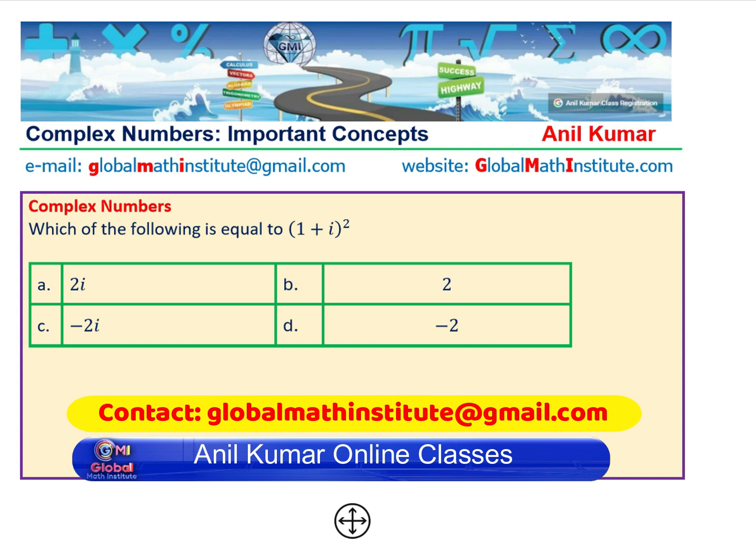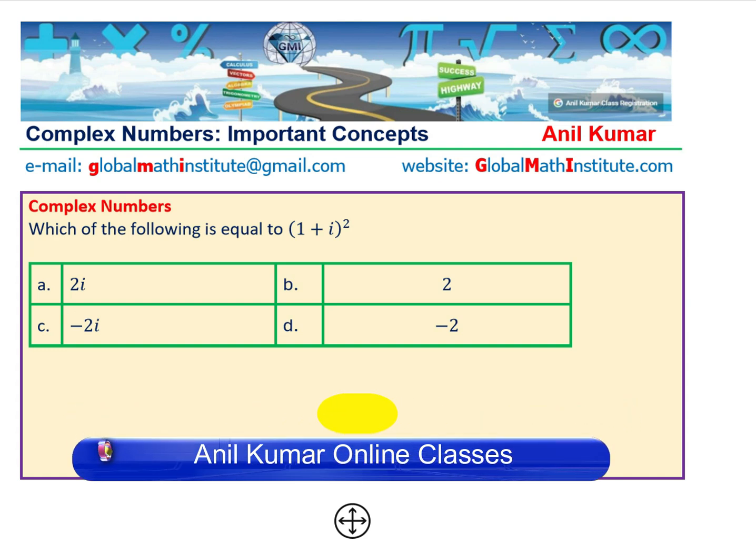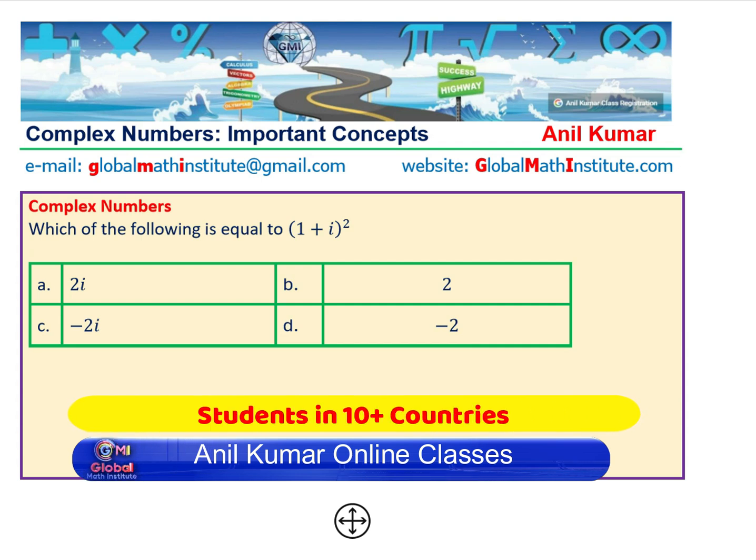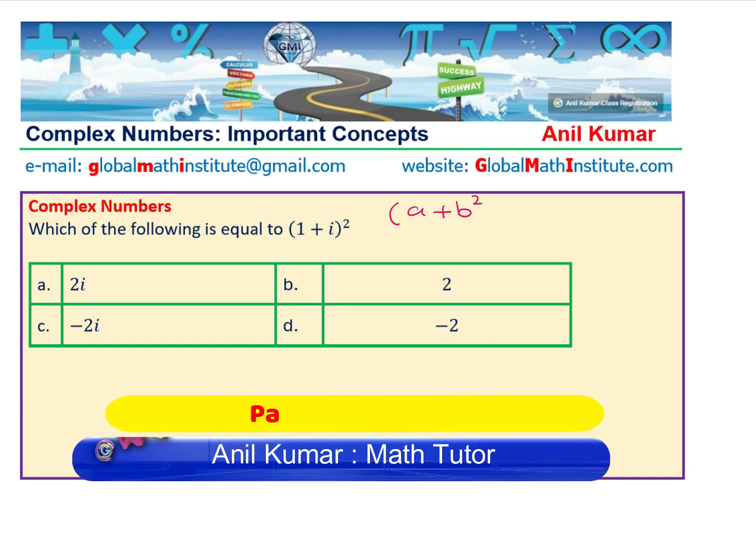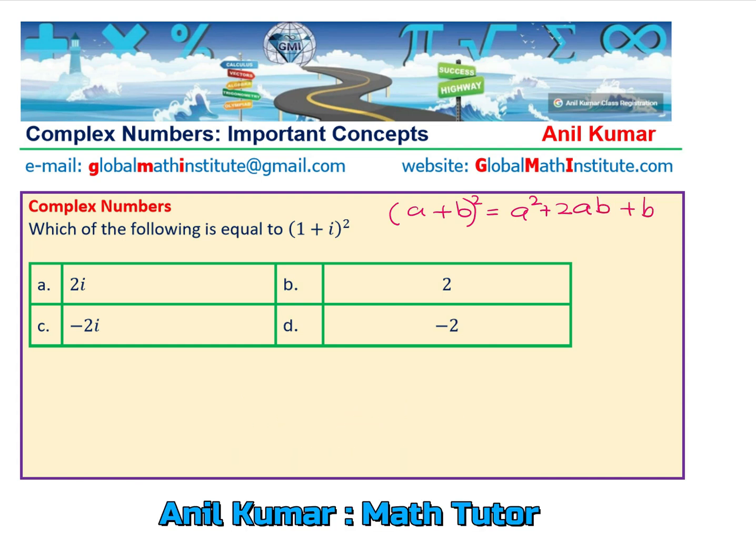Now, let's see how we find the value of (1 + i) squared. As you know, (a + b) squared can be written as a squared plus 2ab plus b squared. So similarly, we can expand (1 + i) squared. i is an imaginary number, i squared is minus 1, right?